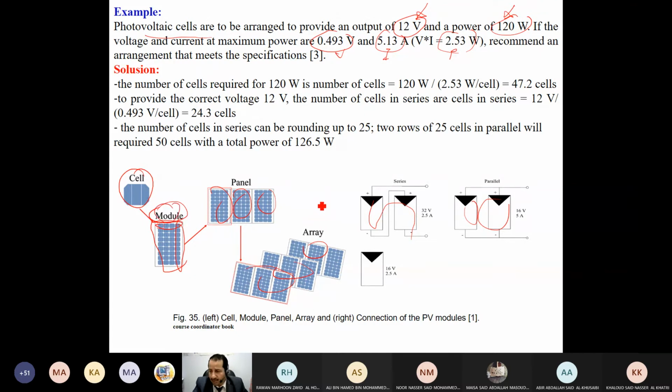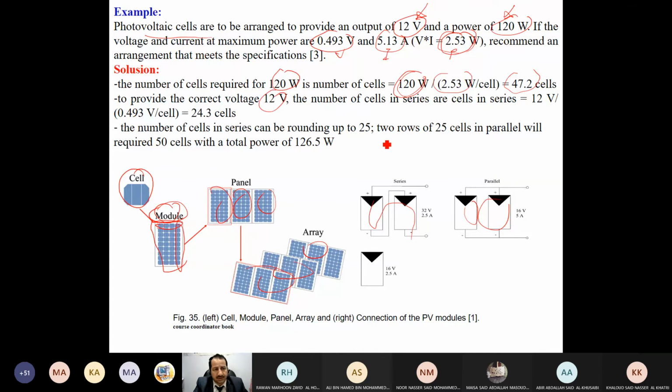Now I will say, okay, I want 120 watts. One cell gives me how many watts? It gives me 2.53. So let me divide 120 by 2.53. It tells me that I need around 47.2 cells. We need to approximate it, make it, as an example, 50 cells, so I can get the 120 watts. What about voltage?